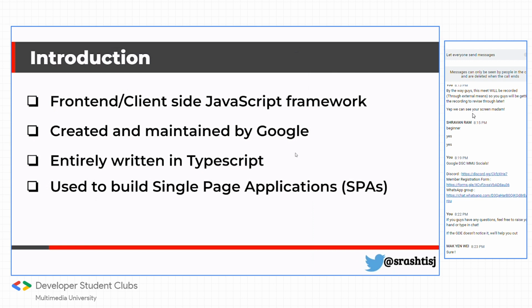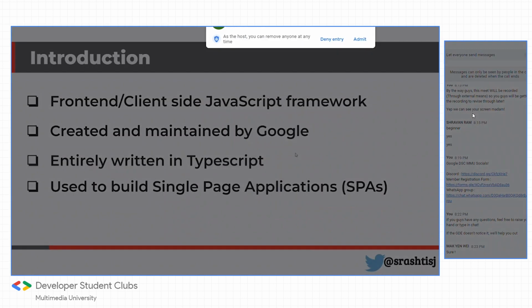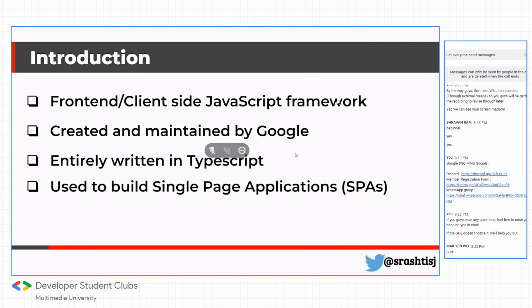It is used to create a single page application. What is single page? You might have created a lot of websites for assignments and all, right? What we do is create a website and then copy the header and footer and all those things into every page.